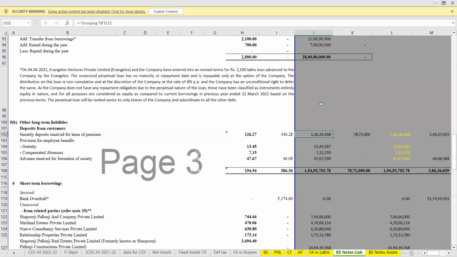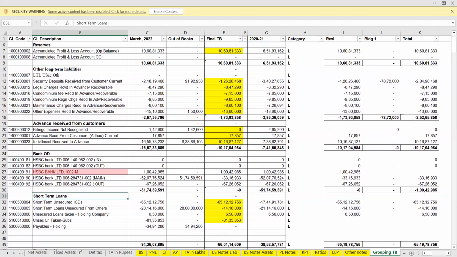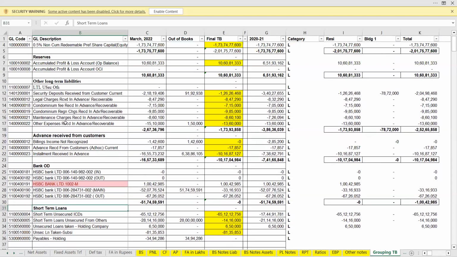You see here, my trial balance name is grouping TB, trial balance. That means in the trial balance itself, I have grouped it. You see here how I have done bank OD, short-term loans. What I have done is divided my trial balance as per my schedules, as per my balance sheet, so that when I am linking the figures, it is very easy.